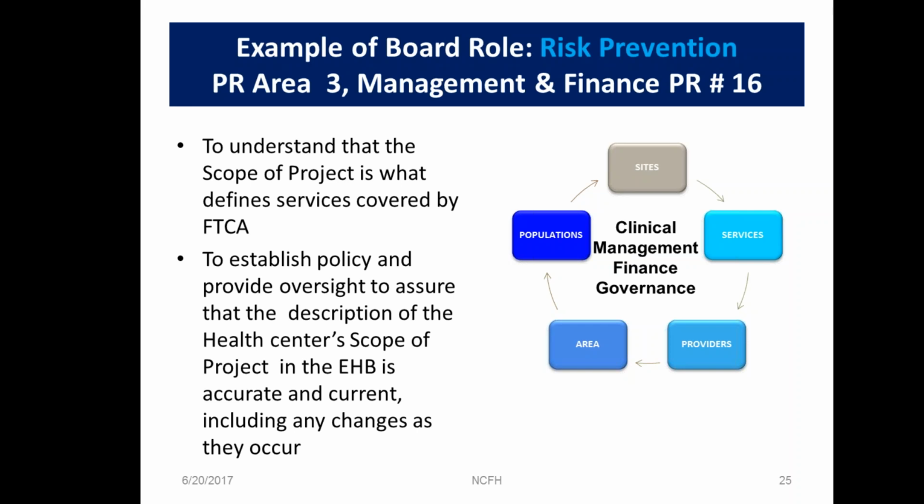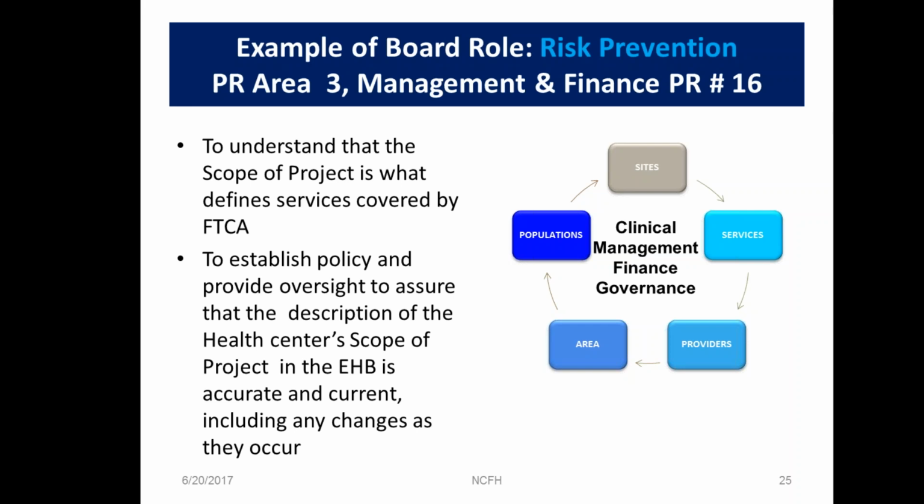So what is Federal Tort Claims Act? That is, simply stated, the mechanism by which health centers can save nationwide millions of dollars that would have otherwise been paid to commercial insurance companies. And the health centers and their services and their sites are then covered under the governance of the law of the nation.